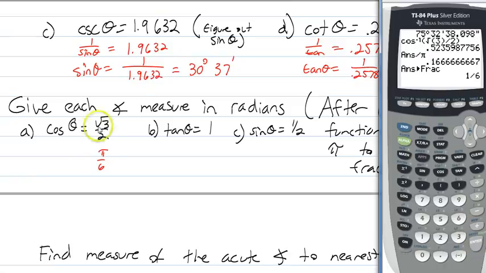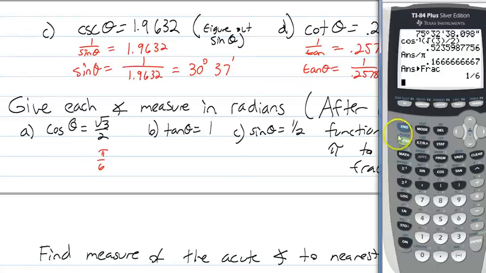It's 1/6. So it's 1/6 pi, or pi over 6 is the answer, which you should have known anyway just because we've worked with the unit circle now. Hopefully you knew that when the cosine's plus root 3 over 2, the first time it hits is pi over 6. We're going to talk about how there's actually more than one answer to that, but the calculator only gives you one. That's actually the next lesson, I believe.